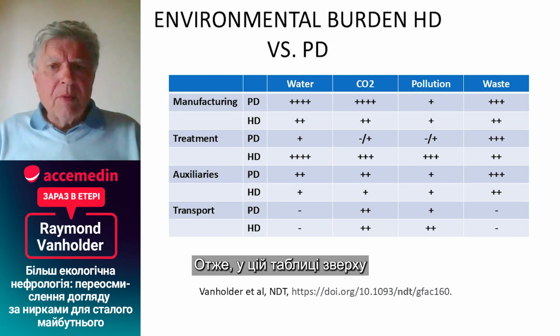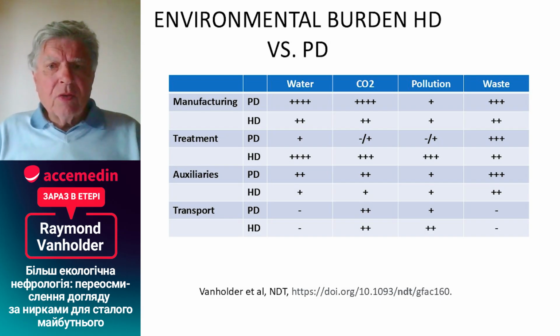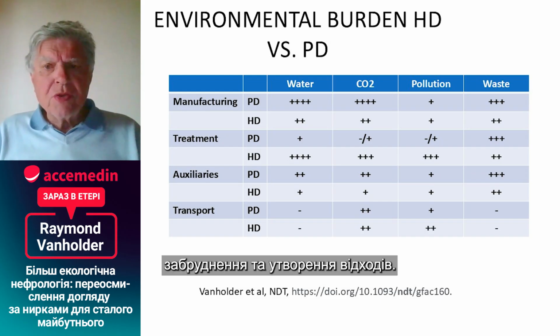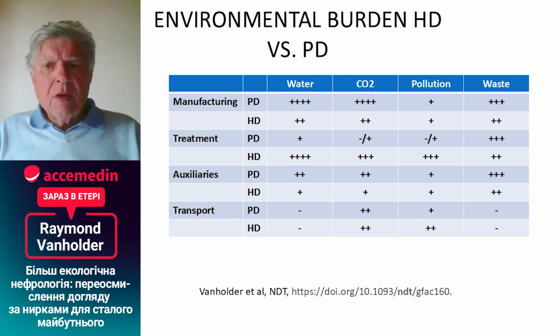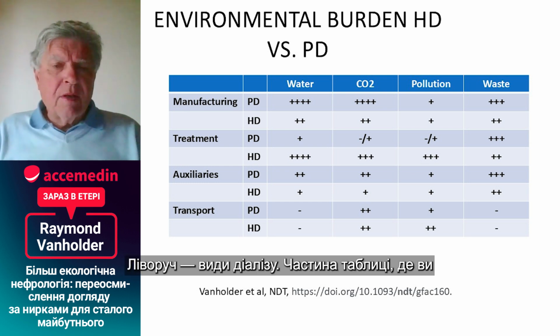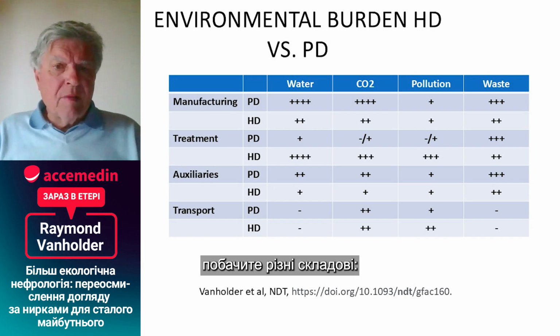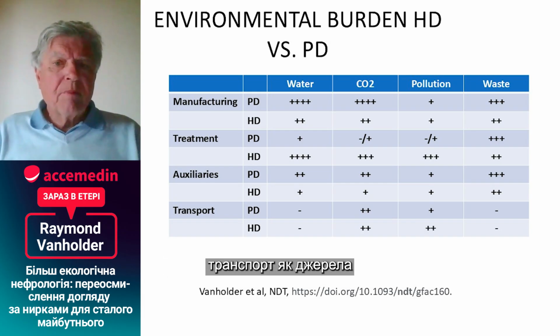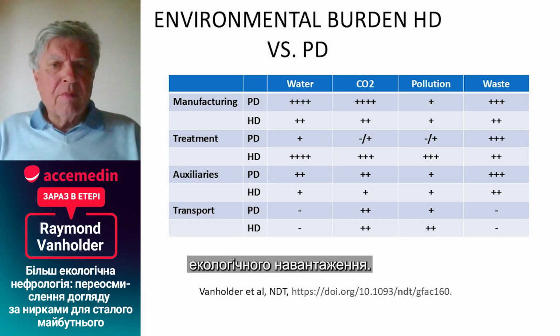So in this table on the top, you see 4 different topics of environmental burden: water consumption, CO2 production, pollution, and waste production. And on the other hand, in the left part of the table, you see the different items: manufacturing, treatment itself, the auxiliaries for the treatment, and the transport as a source of environmental burden.